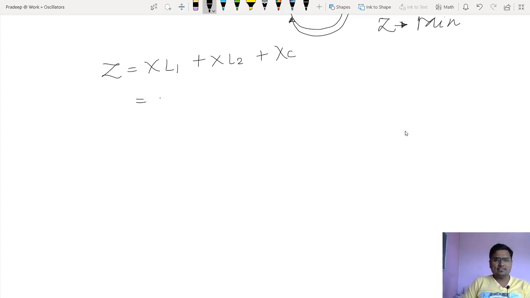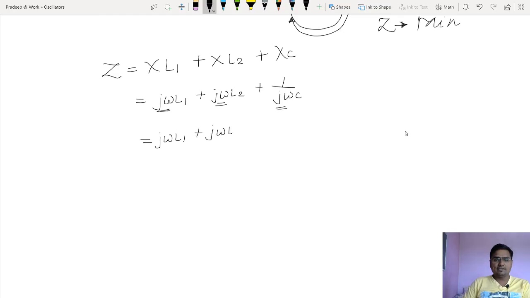Now look at this, it is j omega L1 plus j omega L2 plus 1 divided by j omega C. J omega is here, j omega is here, but j omega is in the denominator, so let me take that j omega into the numerator.